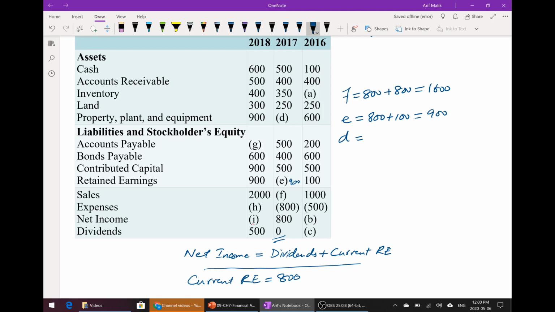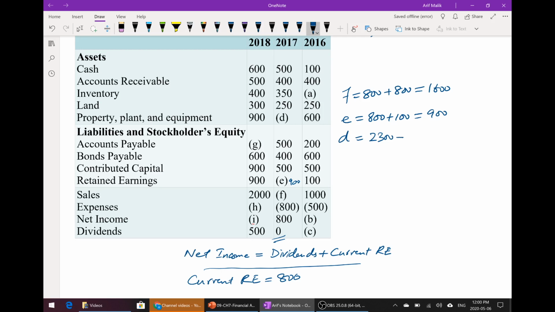Then 900 plus 1000 plus 400, which is equal to 2700, right? No, sorry, it is 1000 plus 400, 2300. 2300 is the liabilities and stockholder equity, so it should be balanced with assets.